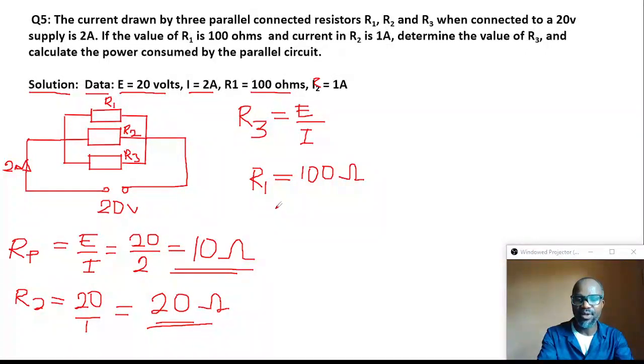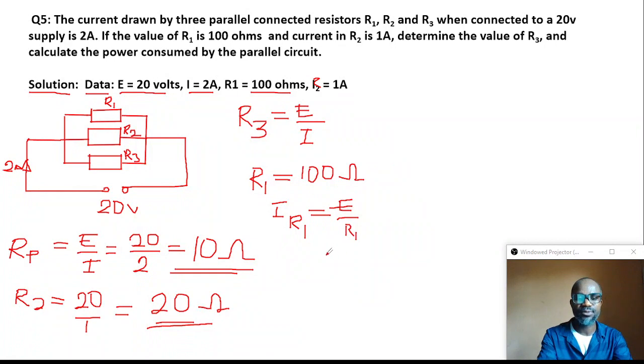The current flowing across resistor 1 is going to be energy, which is 20 volts, all over the resistor 1, which is 100 ohms.